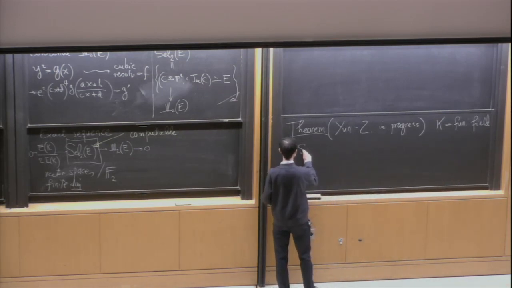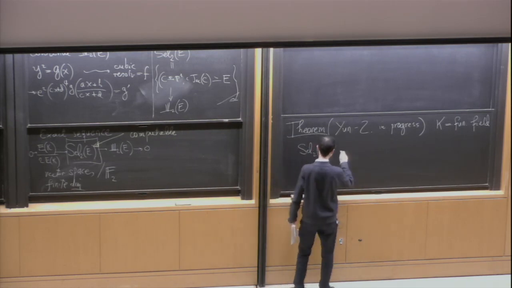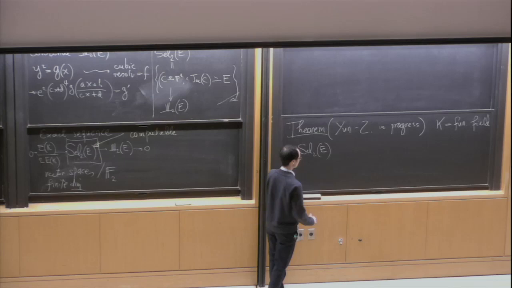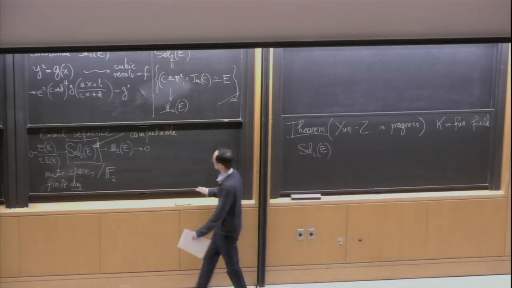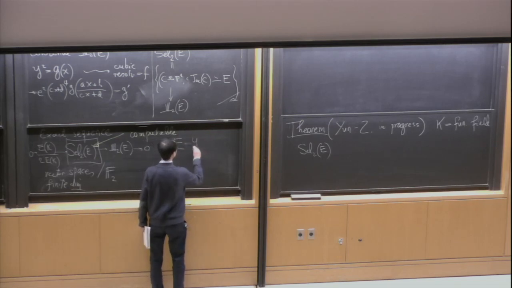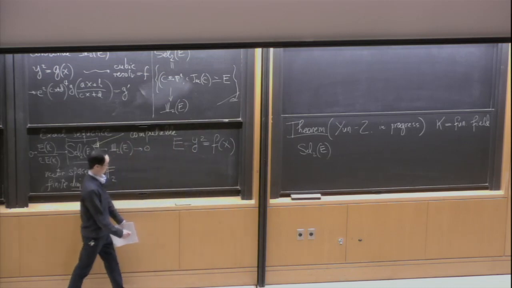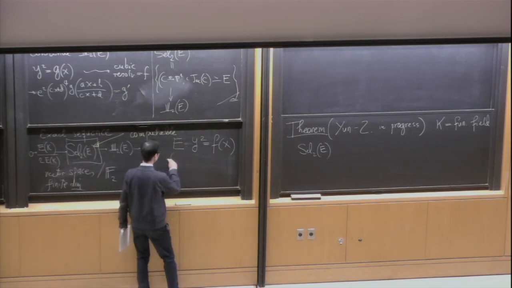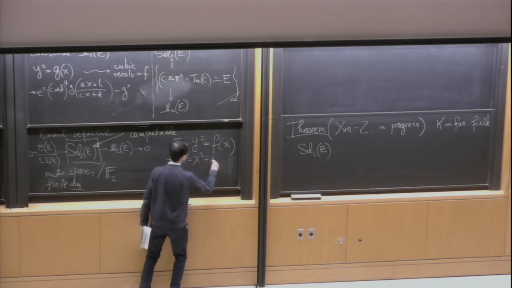Suppose I know the 2-Selmer group has order 2. Actually, for simplicity, let me also assume, remember E has an equation y squared equals f of x, where I have a cubic polynomial f of x of the form.